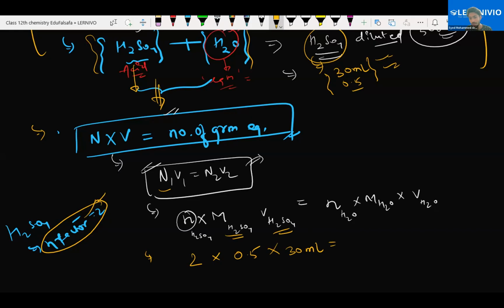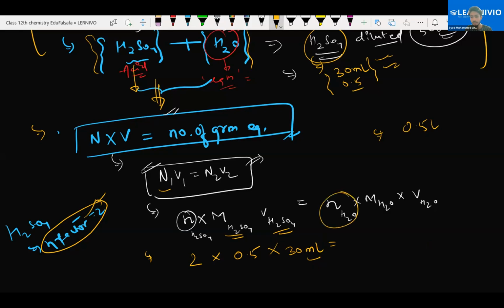If the other component is in liter, then this one should also be in liter, so that it is easy to cancel out the units. Ml is cancelled by ml, liter by liter. In the question, the other component is given in ml, so we don't need to do anything with the unit; just put it as given in the question.